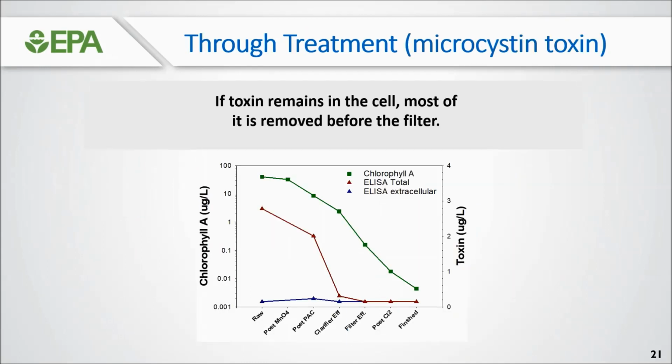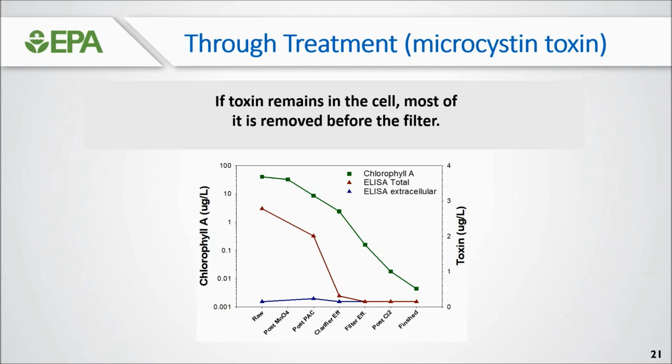And so here's a plot that demonstrates a few things. If the toxin remains in the cell, most of the toxin is removed before the filter. Chlorophyll A is plotted on the y-axis, and it's the green dots. You can see that's representative of how many algal cells, or cyanobacterial cells, there are. The ELISA, or the toxin total, is in red, and the extracellular toxin is in blue.